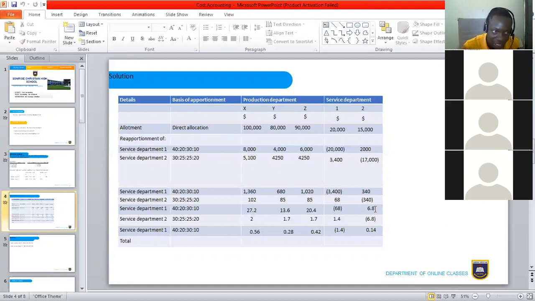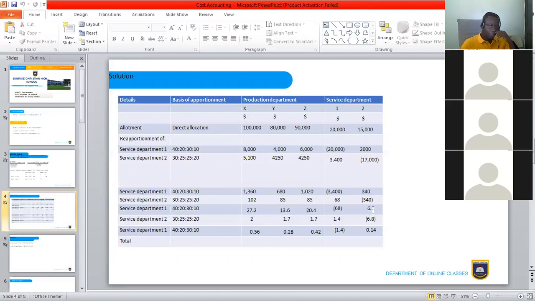So you must keep on sharing like that, repeating it. That's what we call the repeated method. You must keep on repeating the process until the figure becomes insignificant. So since 6.8 is significant, we need to reapportion it again. And it falls under service department 2.